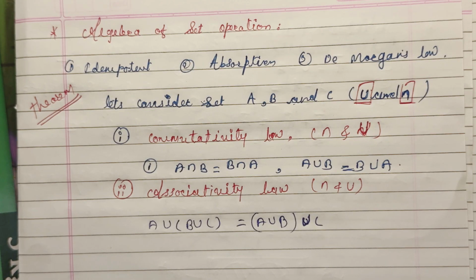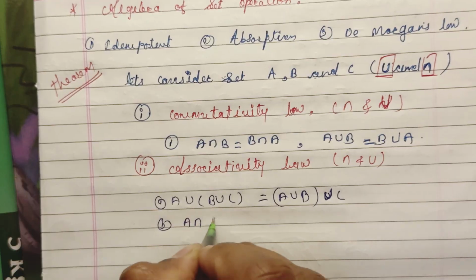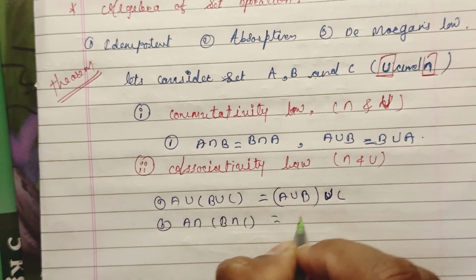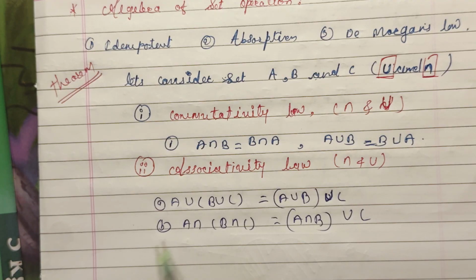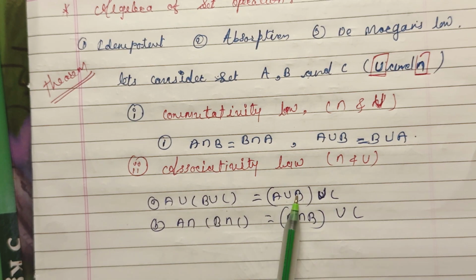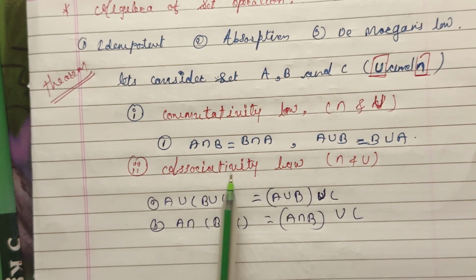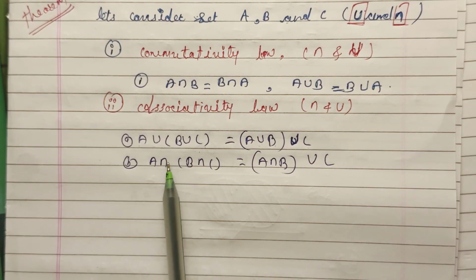Similarly you can do it for intersection: A intersection B intersection C. In simple language, we take B union C first and then with A, similarly A union B first and then with C. If these two hold, then the associativity law holds here. For intersection it's similar.